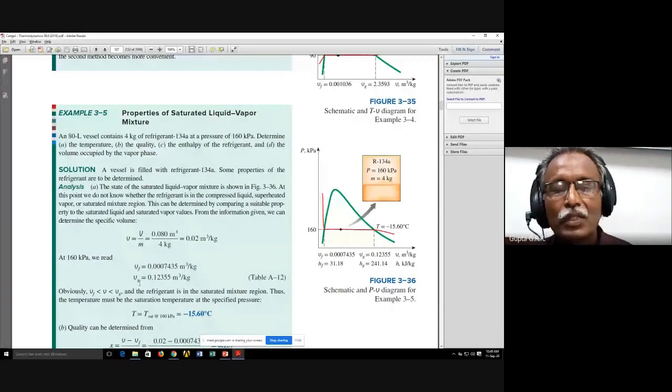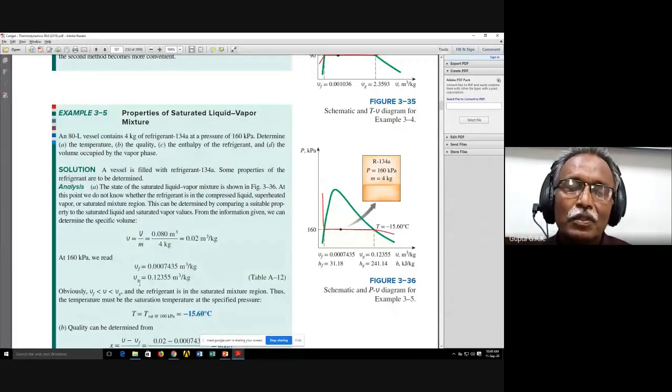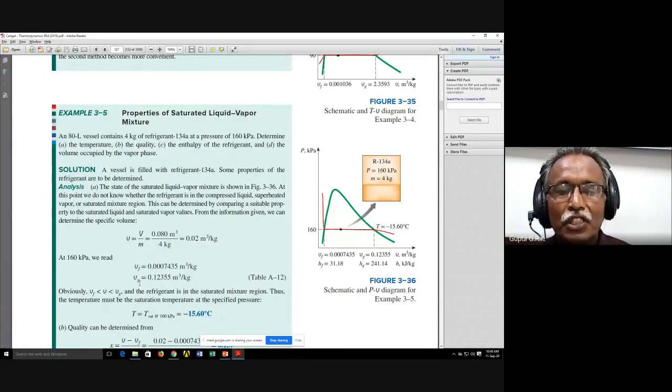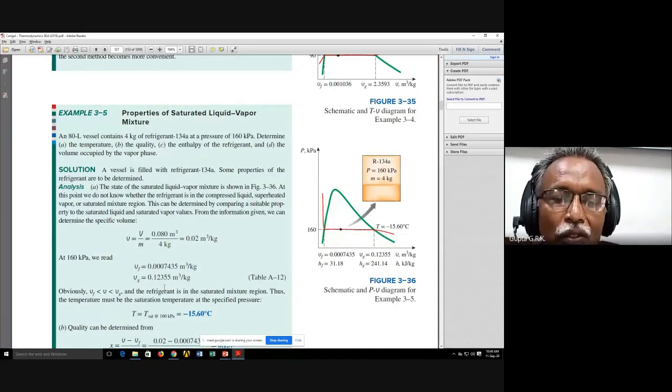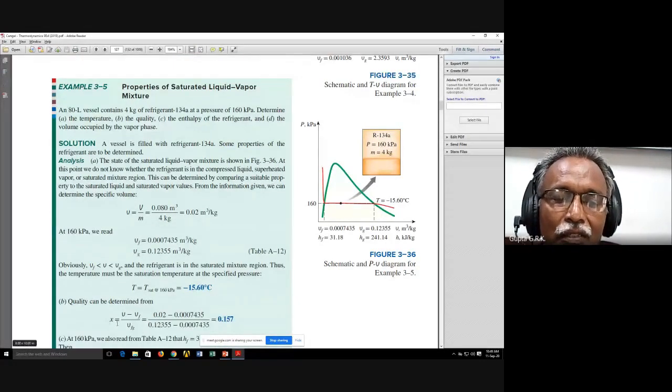That formula you have to remember. v is equal to vf plus x into vfg, or v is equal to (1 minus x) into vf plus x vg. These two relations we derived in the previous class. Okay, so that equation I have to use to find the dryness fraction. You can see that x is equal to (v minus vf) by vfg. Because I know v, I know vf, and I know vg, I can calculate the dryness fraction.